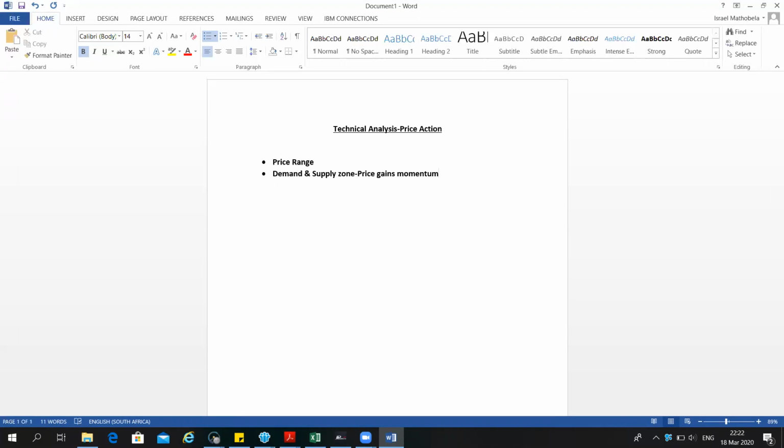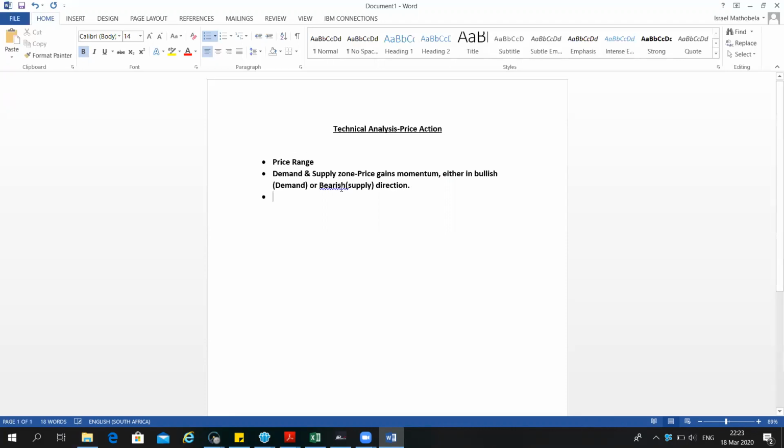This is where price gains momentum, either in bullish, that is the demand, or in bearish, that is the supply. Either in a bullish or bearish direction.